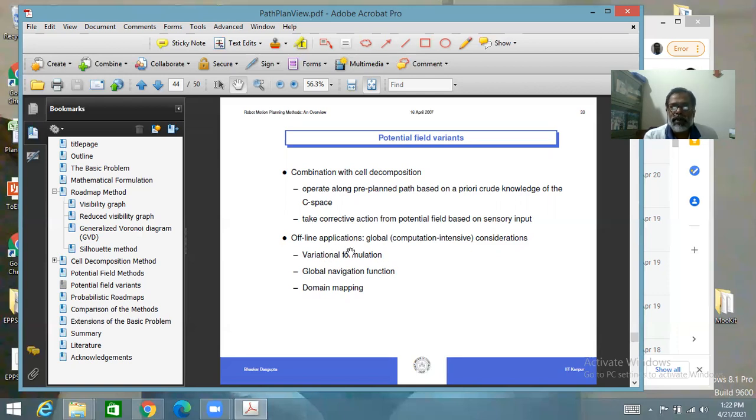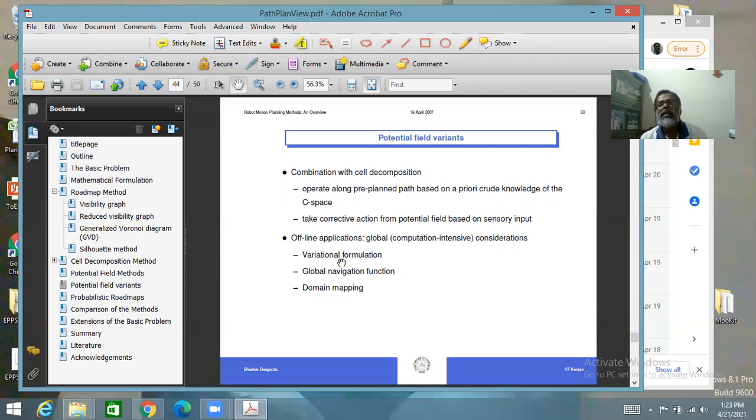One is variational formulation: work out the path symbolically, including the necessity of short length as well as obstacle avoidance and reaching the goal point, as a continuous function of a path parameter u.